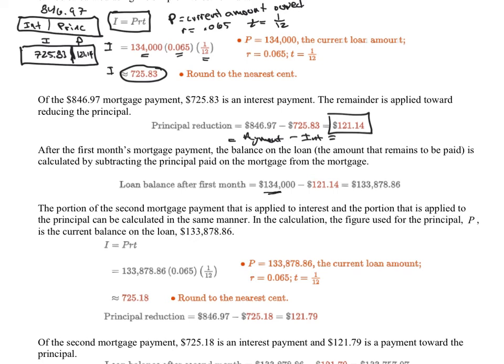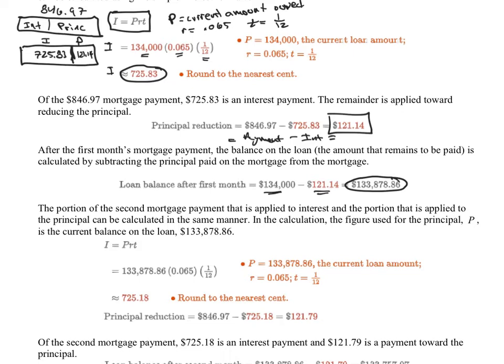It was $134,000. I made an $850 payment nearly, but only $121.14 went towards my loan. So I still owe, after the first month, $133,878.86. That's my new balance of the loan.